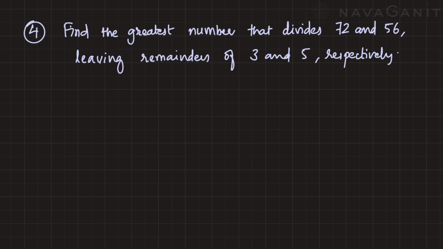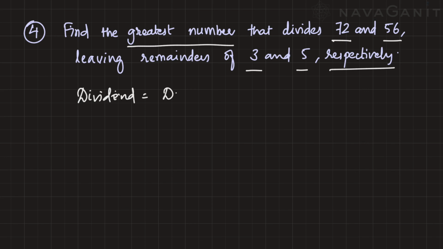Now we need to find the greatest number that divides 72 and 56, leaving remainders of 3 and 5 respectively. So remember the formula: dividend equals divisor multiplied by the quotient plus the remainder.